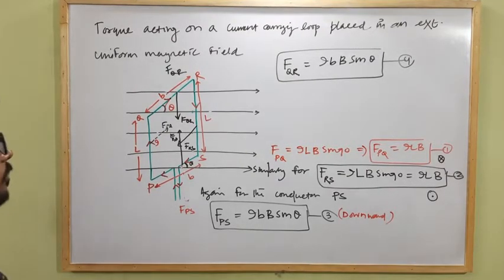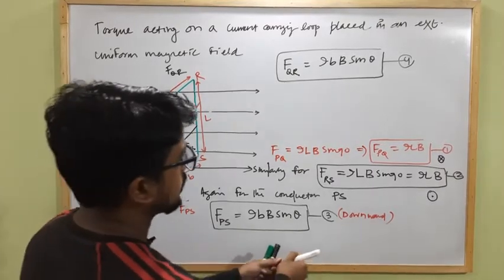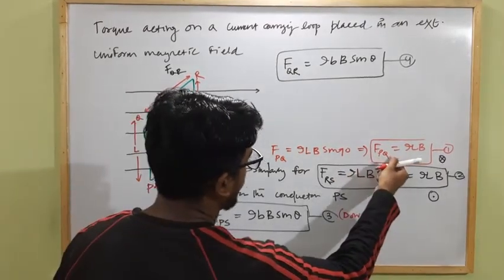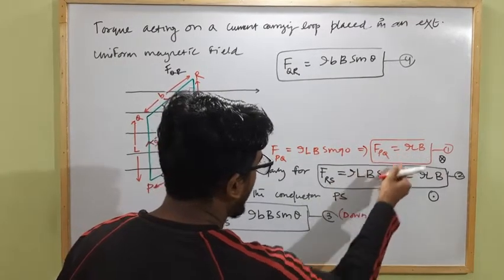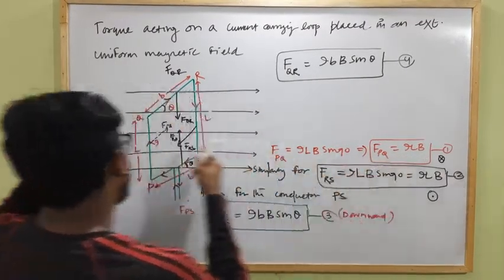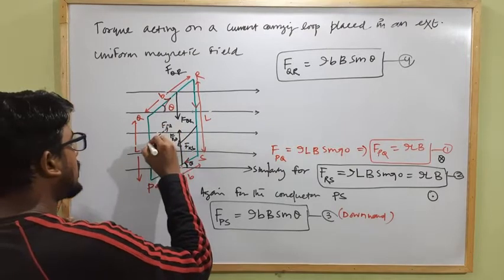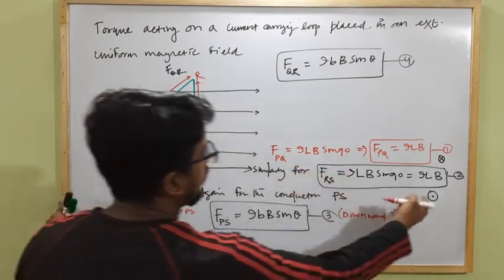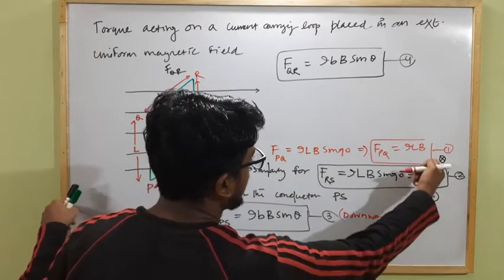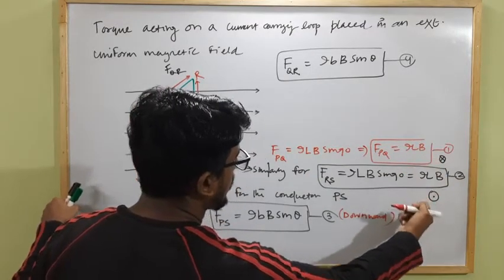So from these four forces, the force acting on the PQ segment and the force acting on the RS segment are both equal in magnitude, that is ILB. These two forces act in opposite directions. One is into the plane, the other is out of the plane.